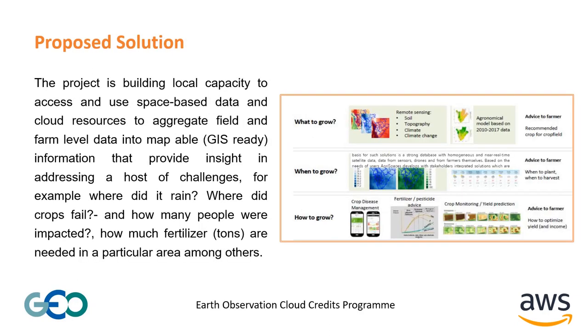Our solution within this project has been to build a system that enables us to use this space-based data and agricultural data from the ground to support decision-making for not only farmers but also other actors in the sector, from policy makers to industry.